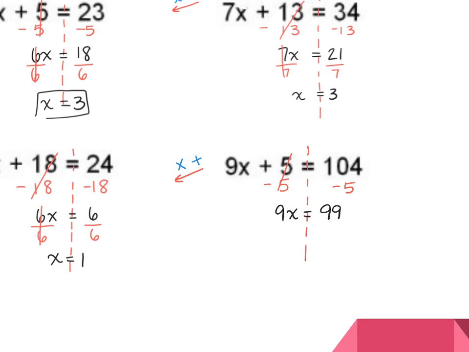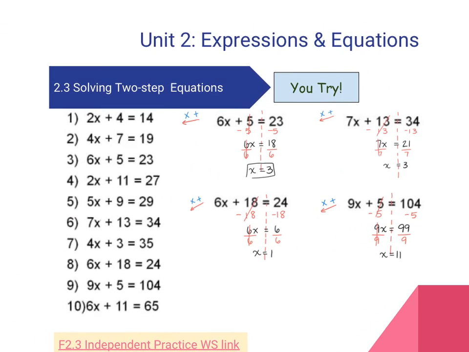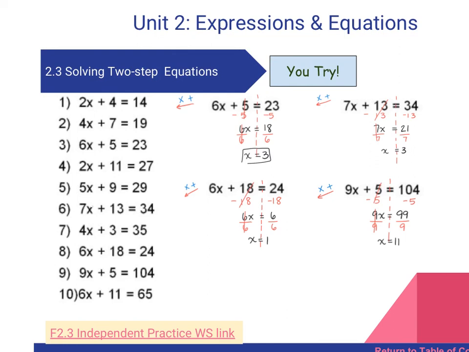Then I have to undo multiplication with division, and 99 divided by 9 is 11. We can check that by plugging it in. 9 times 11 is 99, plus 5 more is 104. So these are the examples, and there is a math space that is posted for this as well.